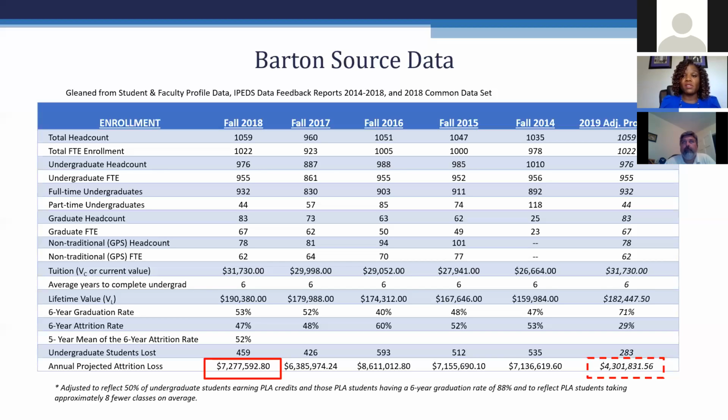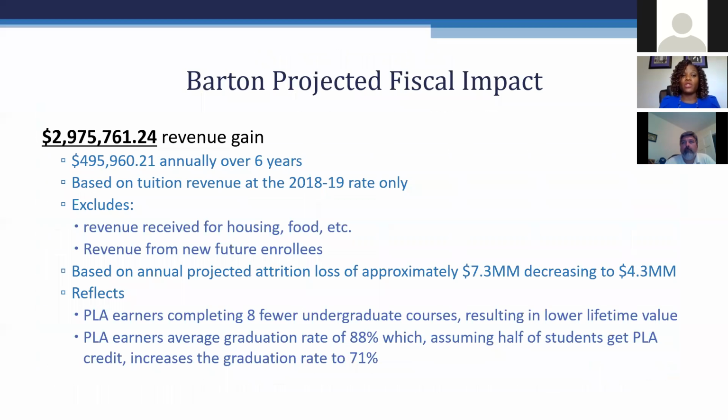That would result in a decreased attrition loss of $4.3 million, which would mean that Barton would stand to gain or retain almost $3 million through implementing PLA. Now, of course, that would be about $500,000 annually over 6 years.